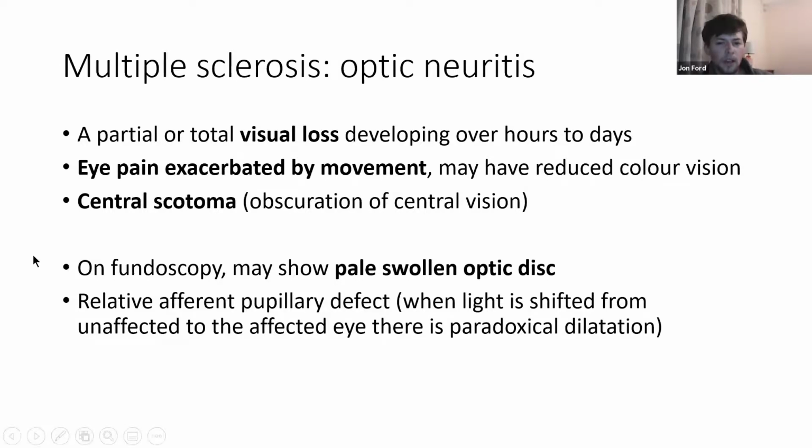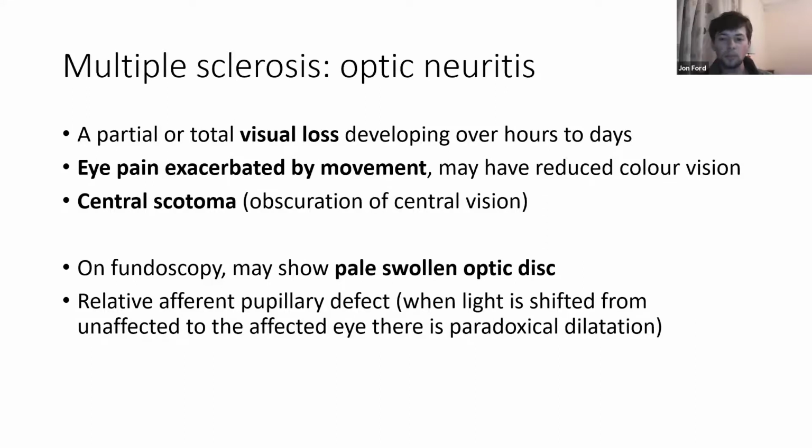People complain that they might be able to see an outline of something, but they can't focus in on the detail. On fundoscopy, you might see a pale swollen optic disc, and this thing called a relative afferent pupillary defect, which is basically when you shift the light from the unaffected to the affected eye, and it dilates rather than constricts, acting like it should if light is shining on it.